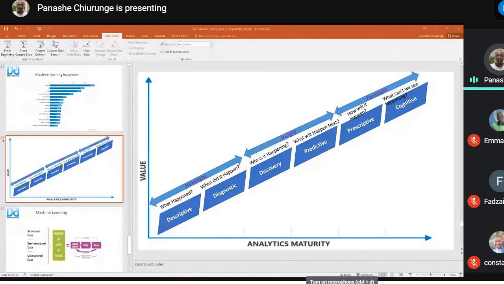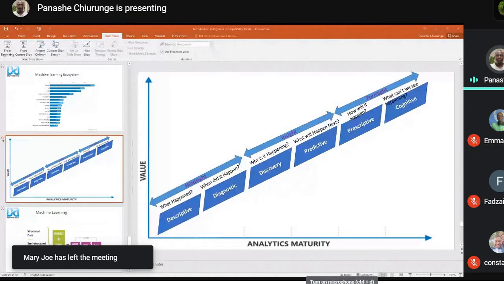So that's your diagnostic analytics. It incorporates descriptive analytics, and it is based on what we call hindsight. By hindsight, we mean things that have happened in the past or historical data, right?